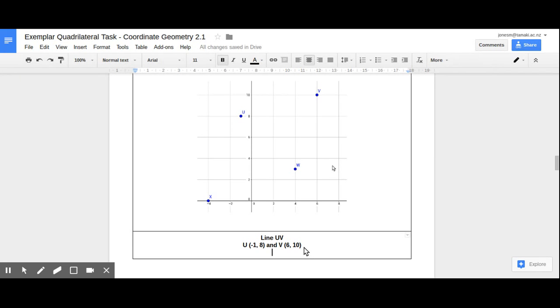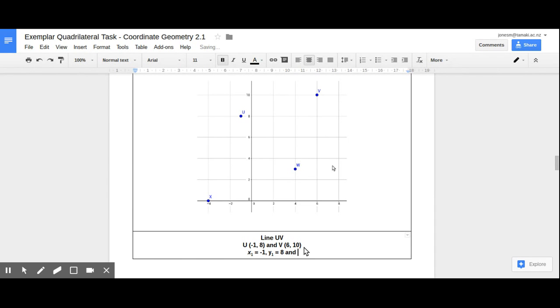So what I'm going to say is that our x1, so how I'm making this go smaller is I'm going control, comma. So x1, so control, comma makes it small, is equal to -1. And then our y1 is equal to 8.